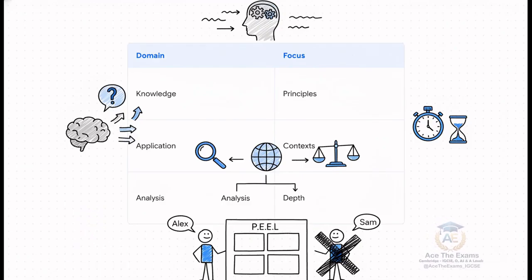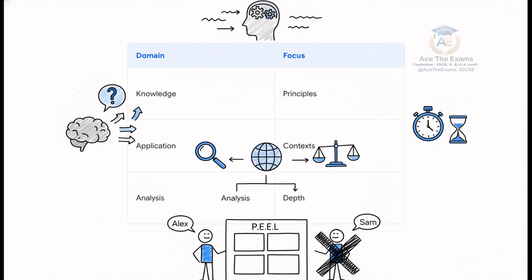Next is application. This is where most students stumble. Application is your ability to take that foundational knowledge and apply it to a completely unfamiliar context. Imagine the paper throws a brand new social media algorithm at you that you've literally never studied before. Can you adapt? And finally, the holy grail, analysis. This requires you to weigh the pros and cons, examining the implications using incredible analytical depth.